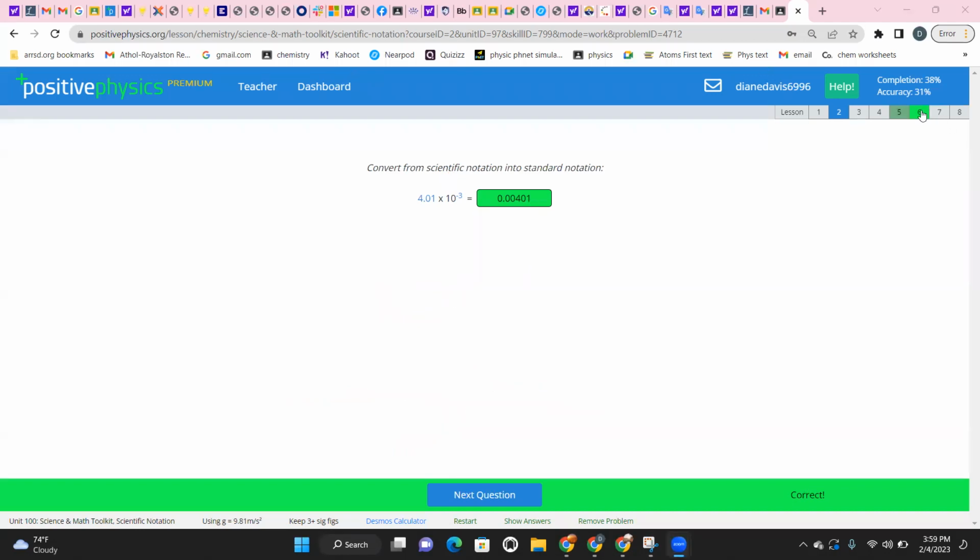Now we're going to look at this one. This is -6. So remember, we move it to the left. So we put the scientific notation 1 significant digit to the left, and then we use this part to say what the number actually is.